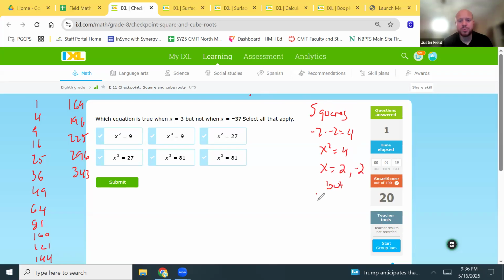But with cubes, 3 negatives is not a positive. So if x cubed is 27, then x equals 3, but not negative 3, because 3 negative 3s would be negative 27. So the equation that is true for 3 but not negative 3 would be a cubed one. So is that going to be x cubed equals 27?